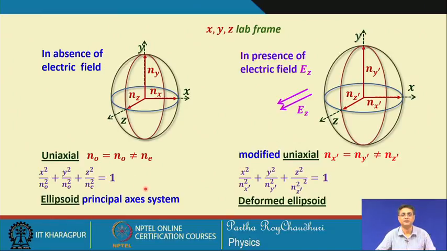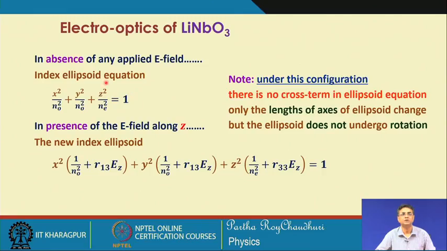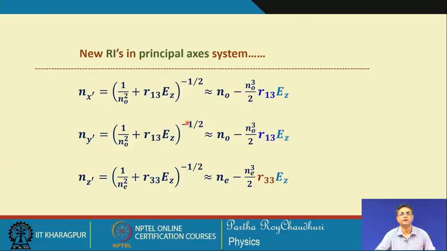That means all n x, n y and n z increase. So, in absence of the applied field, this was the ellipsoid, and in presence of the applied field, this is the new ellipsoid, and from here only we could actually get back these expressions for the new principal refractive indices.